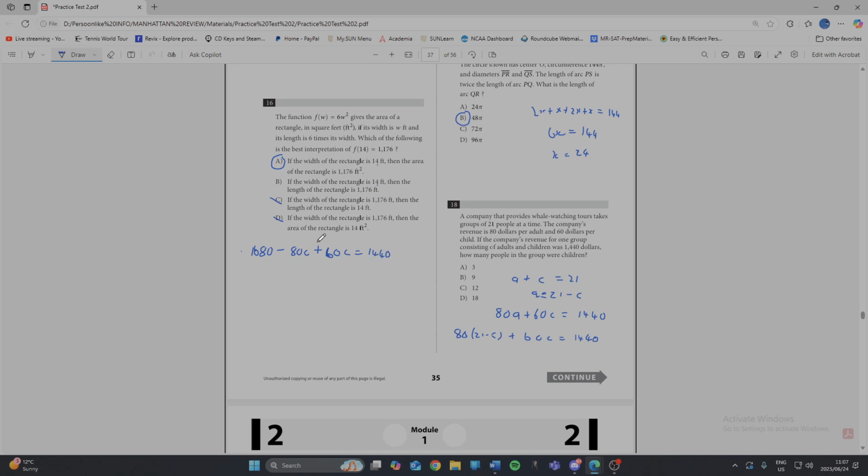If we keep the C's on the left hand side, we'd be left with negative 20C. And if we take the 1,680 over to the right hand side, we have 1440 minus 1,680, which is equal to negative 240. So C would in this case be equal to 12, because negative 20 times 12 is negative 240. So C would be our answer.